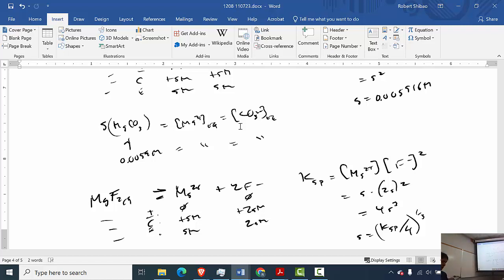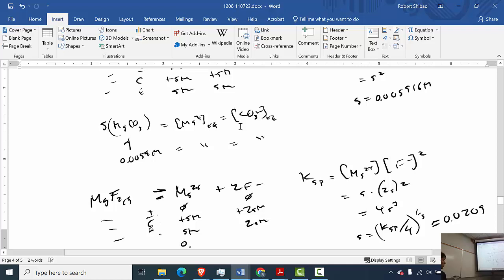So let's go ahead and calculate that. I'm going to get 3.7 times 10 to the minus 5, and then divided by 4. And we need the cube root of that. And so the solubility here is equal to 0.0209.